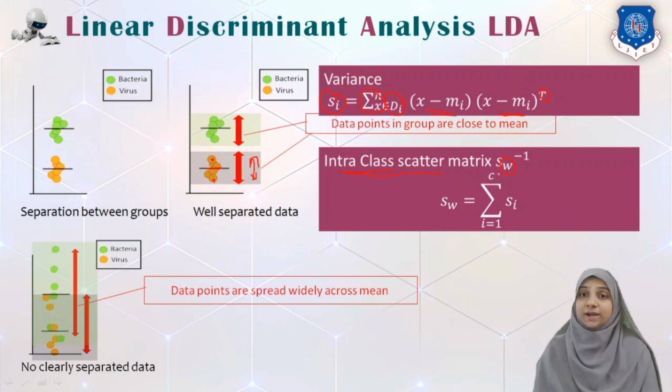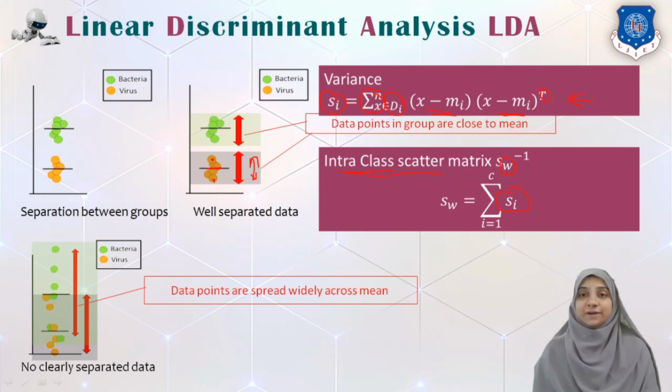It is denoted by S of W. S of W is calculated as the summation from 1 to C, where C is the number of classes. In our example there are only 2 groups, so the summation is from 1 to 2, and we add all the variance matrices that we have just found with the help of the above equation.